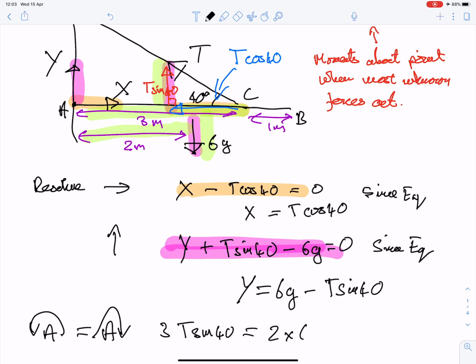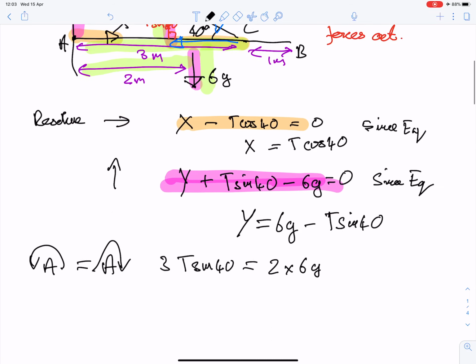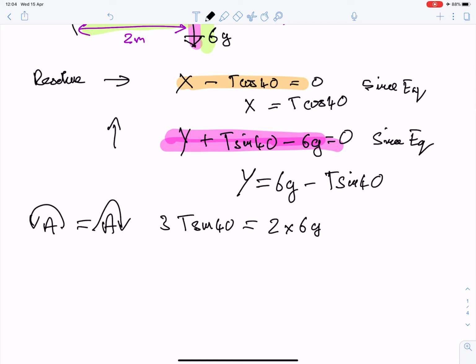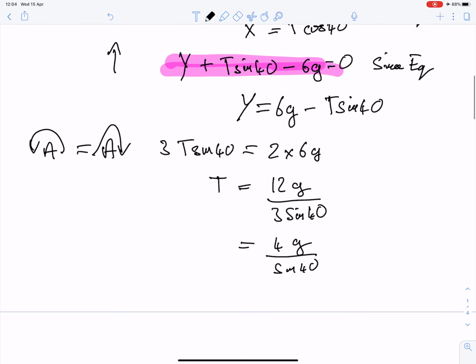Whoops. Undo. That's not right. Okay. Let's try again. So T, although I've drawn it there, it's actually all the way up here, isn't it? It's acting at this point C. Yeah?